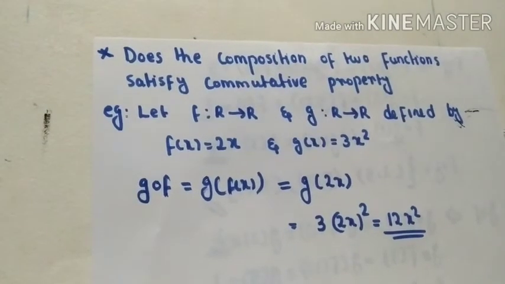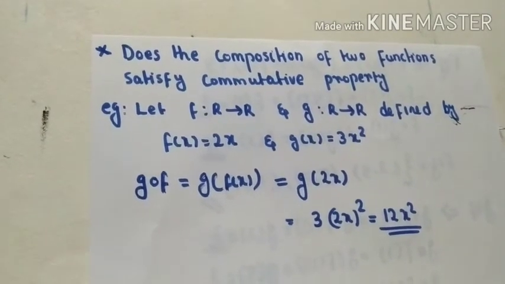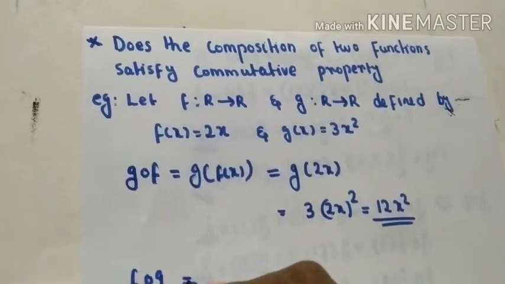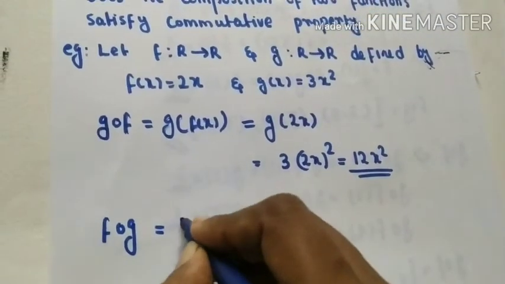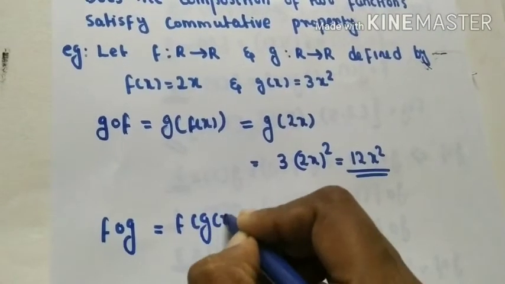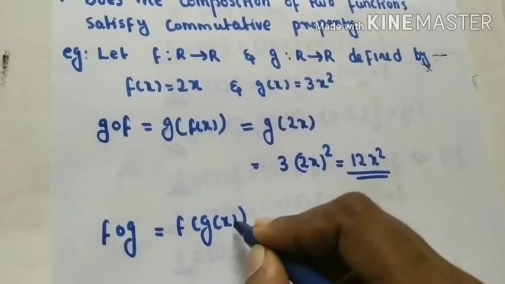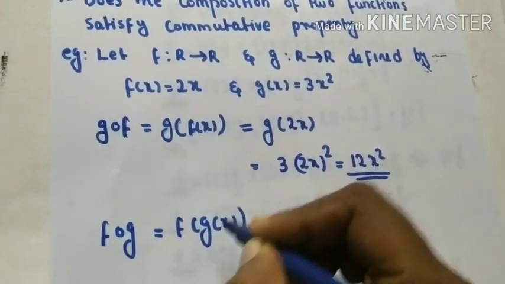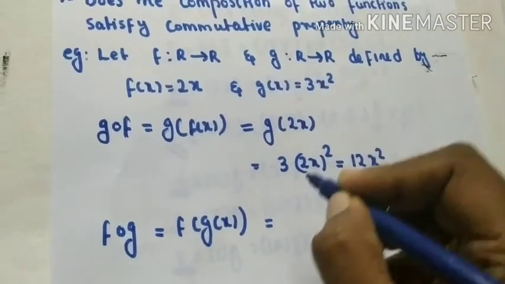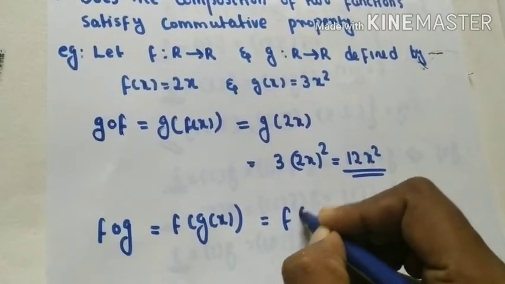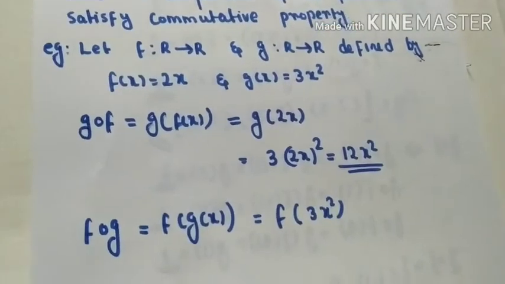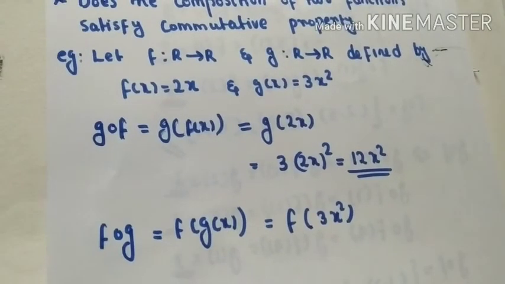Now let's find the composition of g and f. That means f of g. We know that f of g equals f of g of x. Substituting the value of g of x, here the value of g of x is 3x square, so we get f of 3x square.